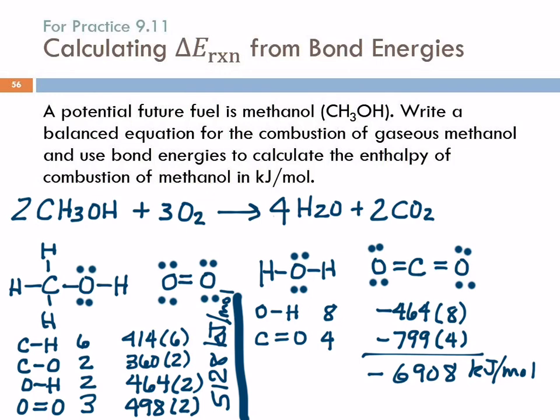So when I add those two together, 5128 plus negative 6908, the sum is minus 1780.